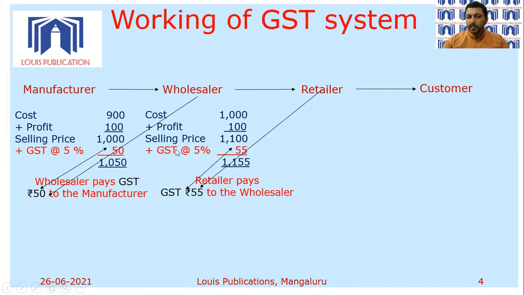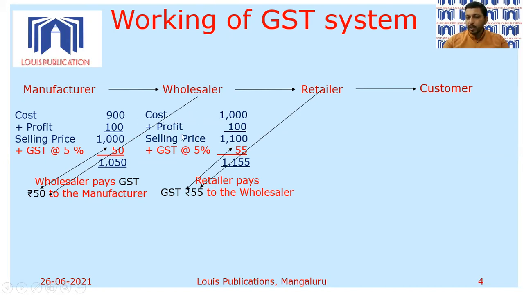So the manufacturer is selling to the wholesaler. From the wholesaler, the manufacturer will collect 50 rupees as GST amount. Our focus is on the GST amount. Now, when it comes to the transaction between the wholesaler and the retailer, whatever is the selling price of the manufacturer will become the cost price to the wholesaler.